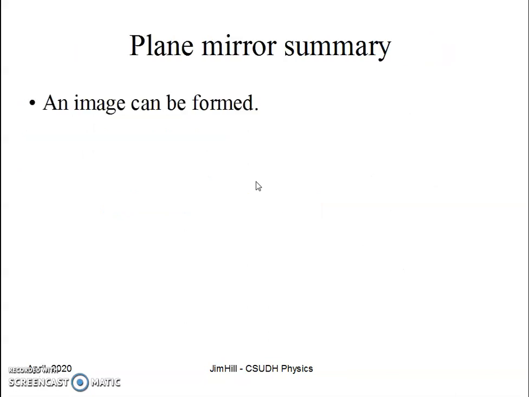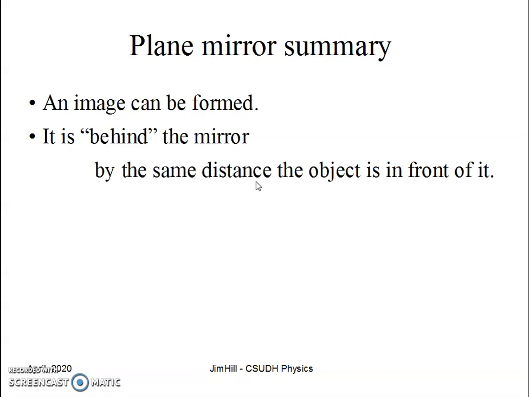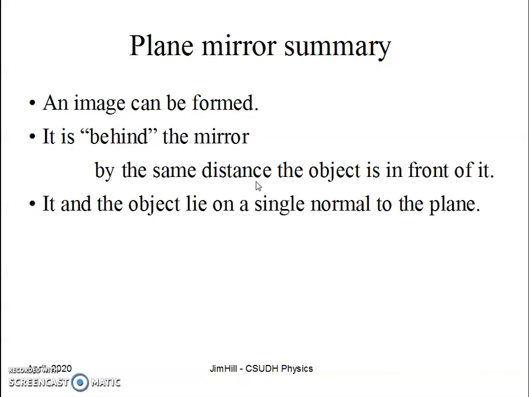So the things you prove are an image can be formed, that is, it will look like the light came from one place if it originally came from one place. And it's behind the mirror, in fact, by a particular distance, the same distance as the object is in front of it.